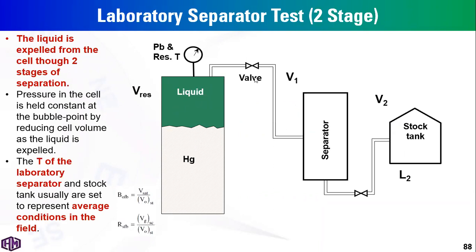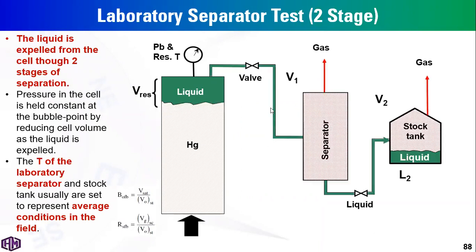Once we reduce the pressure and temperature to first stage separation, we have right here this liquid separated into two main components, liquid and gas. The next step is the stock tank, which means another pressure and temperature, and we have V2 of the gas and L2 for this liquid.